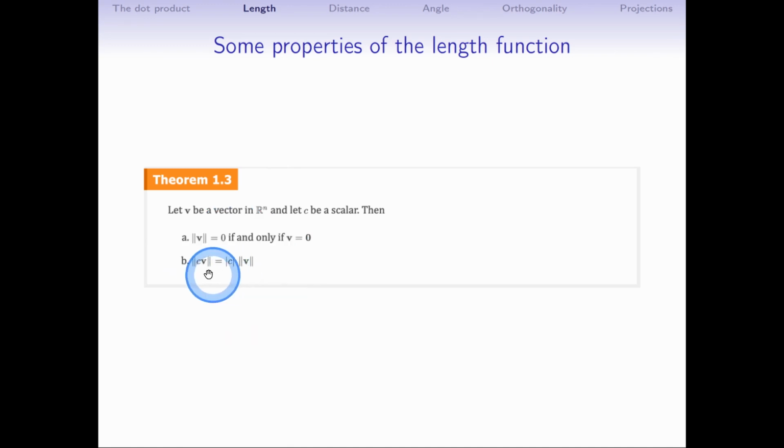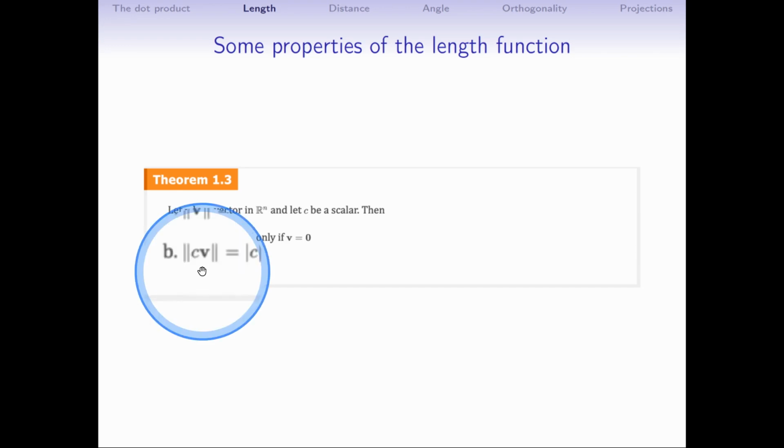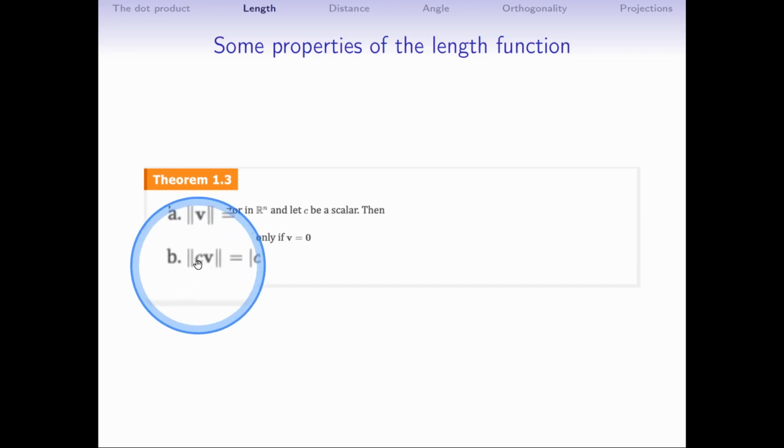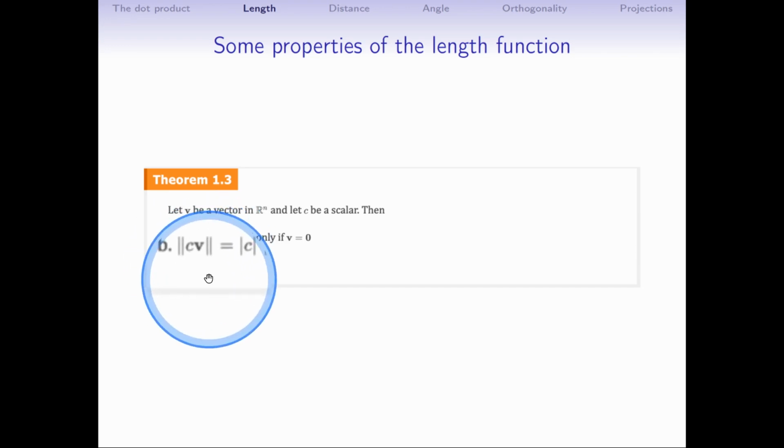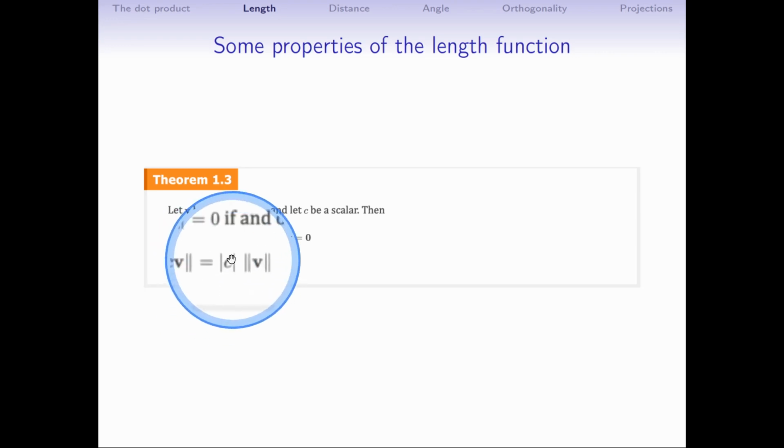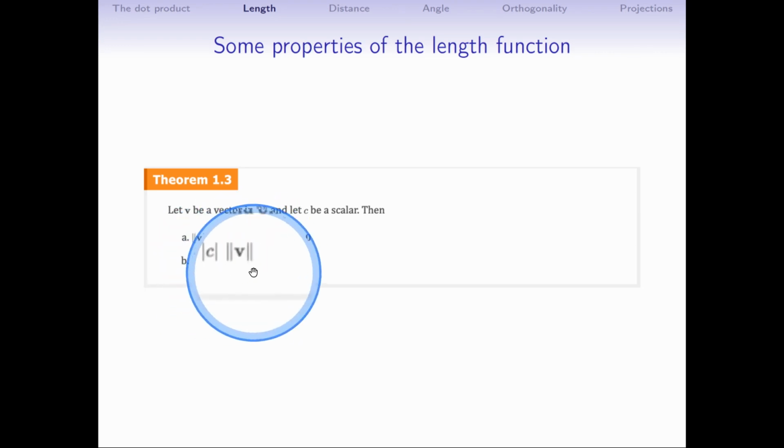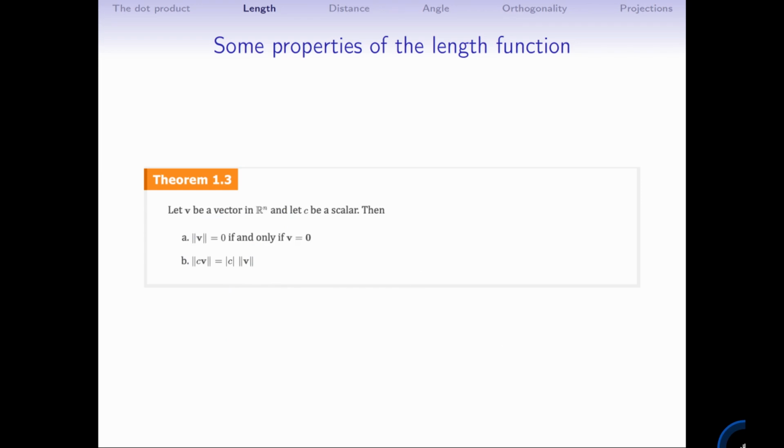In other words, if I take a vector and scale it by 2, then the length of that resulting vector is going to be 2 times the original length of that vector. All right, now we'll explore these. We'll look at proofs of properties A and B of theorem 1.3 at the document camera, so join me over there.